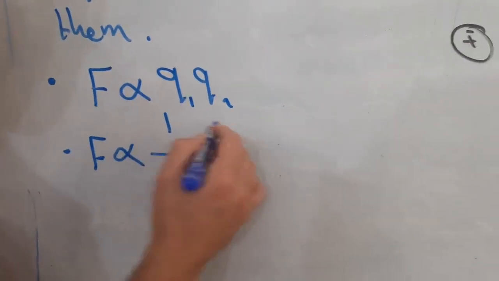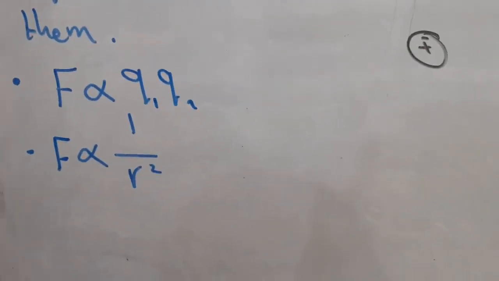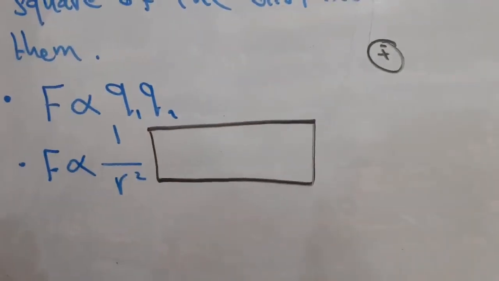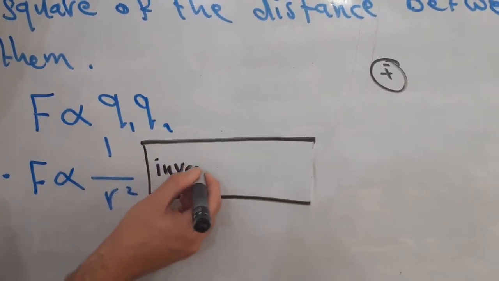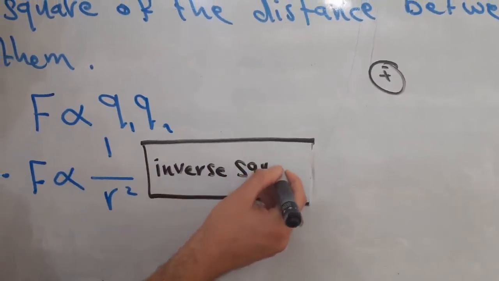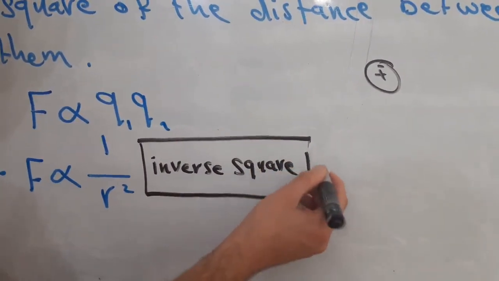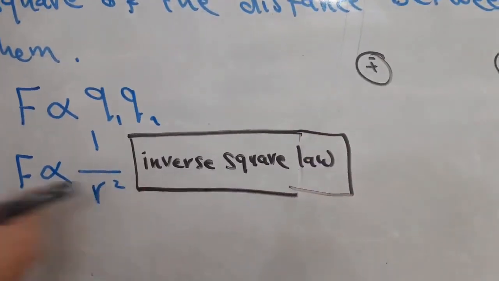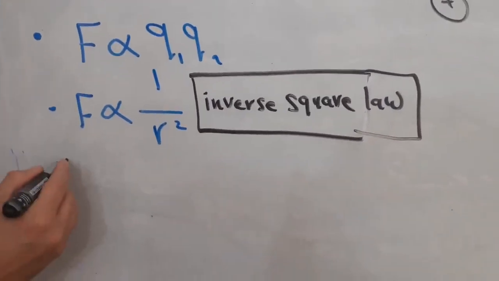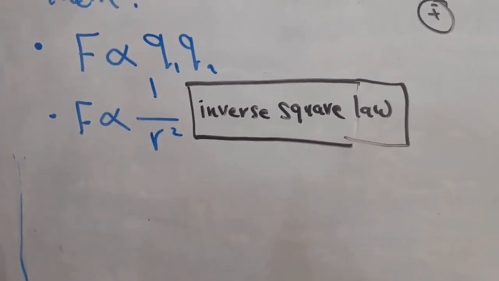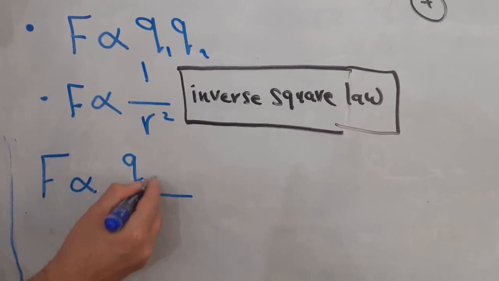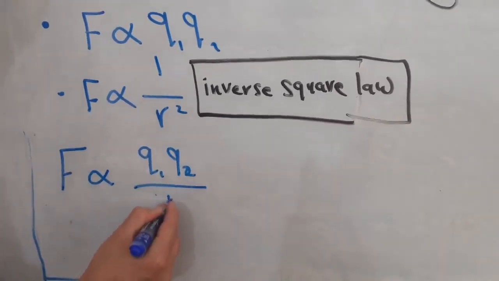Okay, inverse square law. Hence, we can write F is proportional to Q1 Q2 over R square.